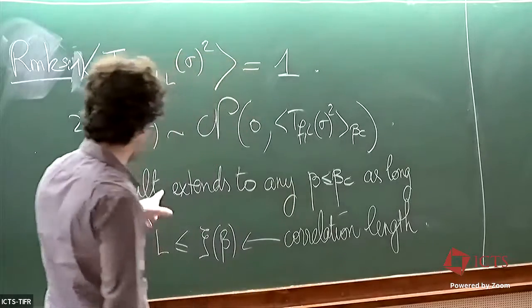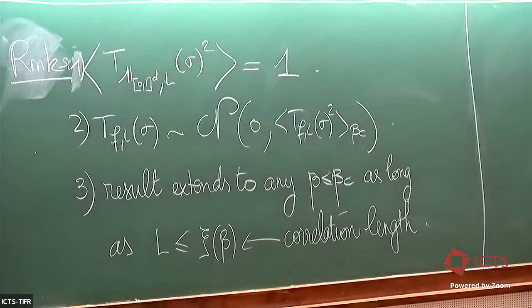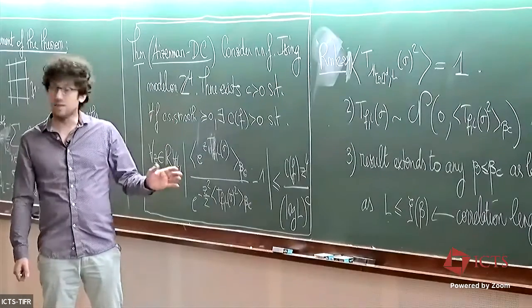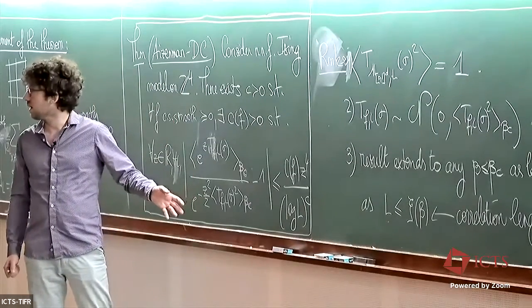Why do I mention that? Because for people who think about the first interpretation in terms of Euclidean field theory, if you are trying to build a limiting object, you can indeed fix beta equal to beta c and take the limit when the size goes to infinity. You will end up, that's a prediction, in fact, with a Gaussian free field. So here we are proving it's a Gaussian process that you obtain in the end.